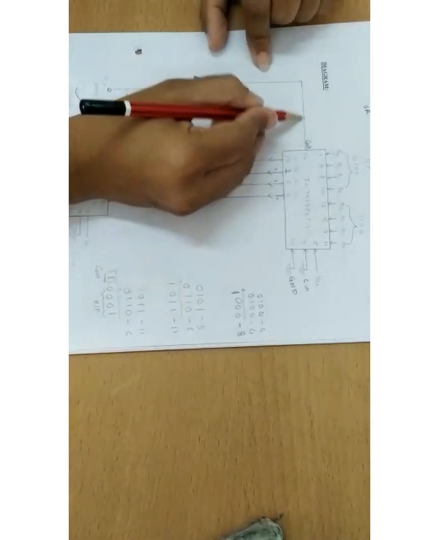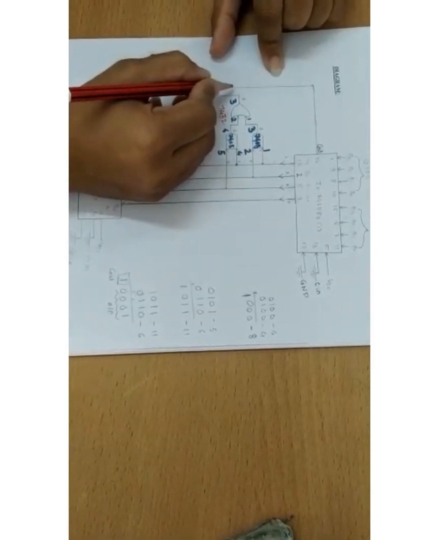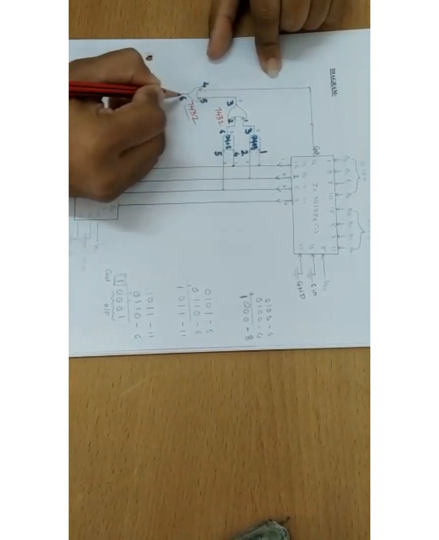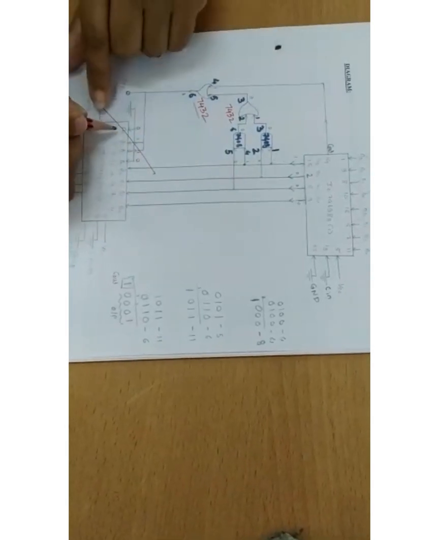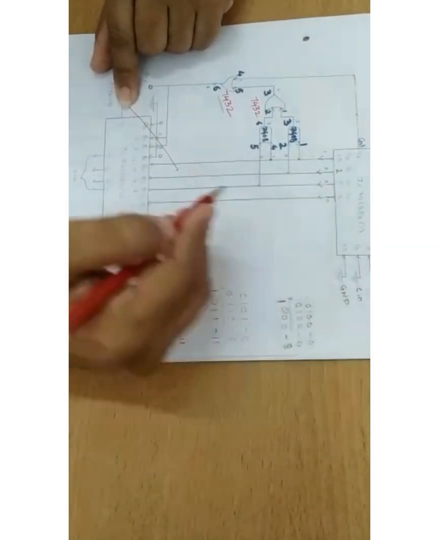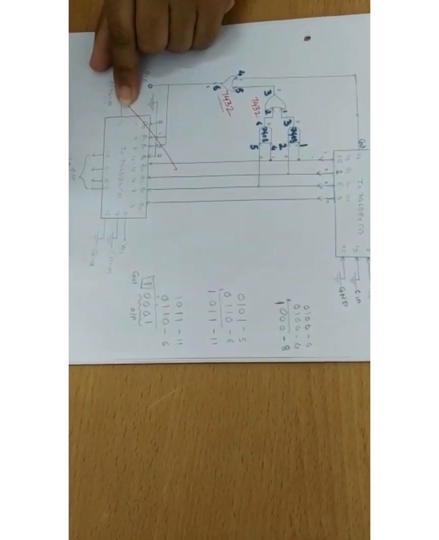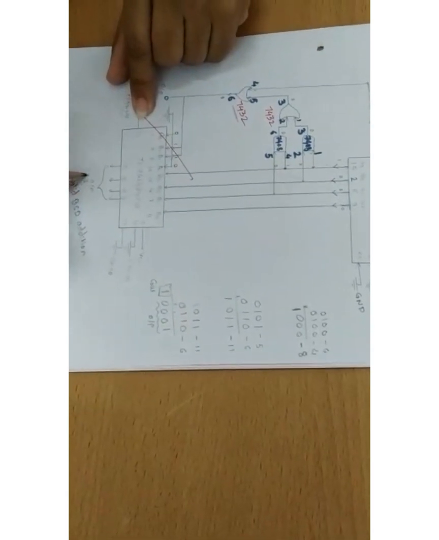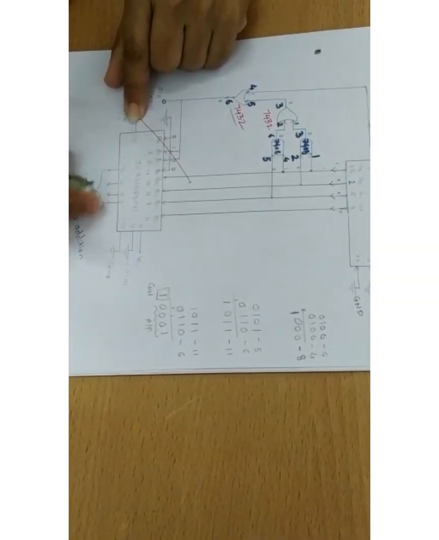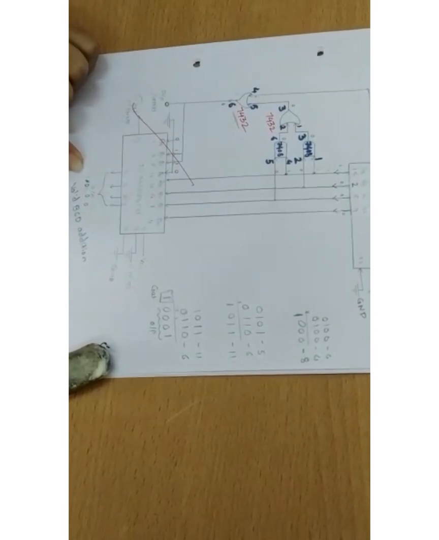This is 0 because C out is not generated yet, because you are getting a valid output. So this 0 is added with this 0, so you are getting finally 0, which means 6 will not be added here. So whatever you are getting here, 1 0 0 0, is directly carry forwarded as the output, that is 1 0 0 0. So you are getting a valid output 8.